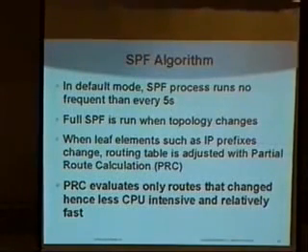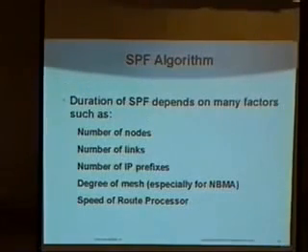It's not any significant advantage over OSPF, just a point to make you guys aware. So the PRC evaluates only the routes that have changed, and it is really quick and less CPU intensive compared to a full-blown SPF.